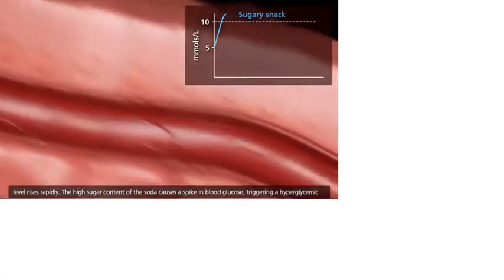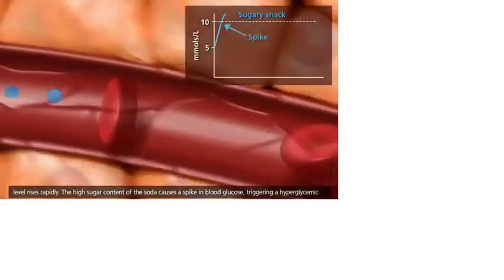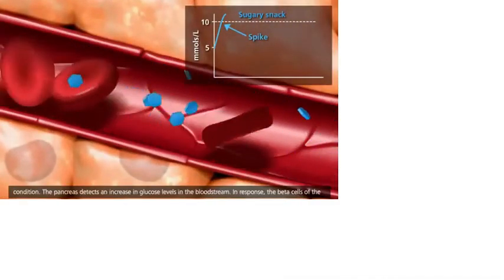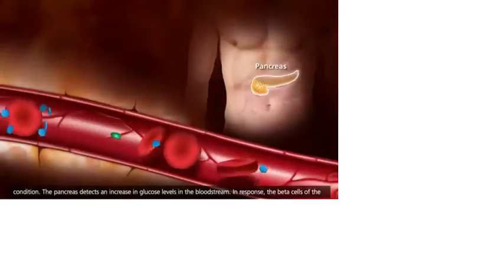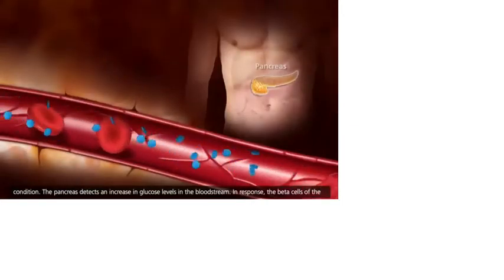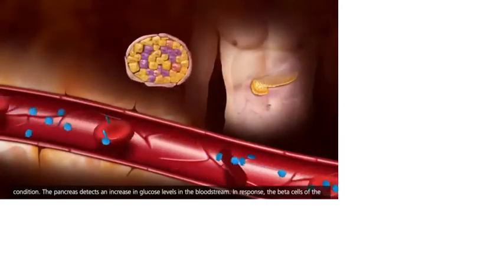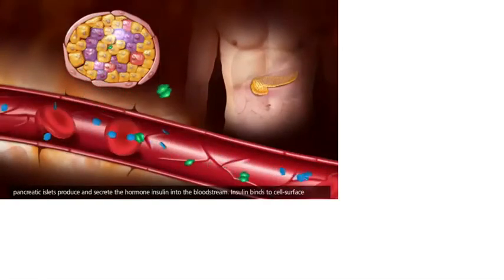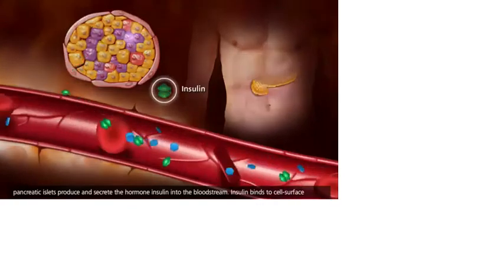The high sugar content of the soda causes a spike in blood glucose, triggering a hyperglycemic condition. The pancreas detects an increase in glucose levels in the bloodstream. In response, the beta cells of the pancreatic islets produce and secrete the hormone insulin into the bloodstream.